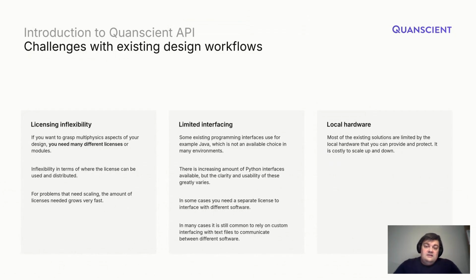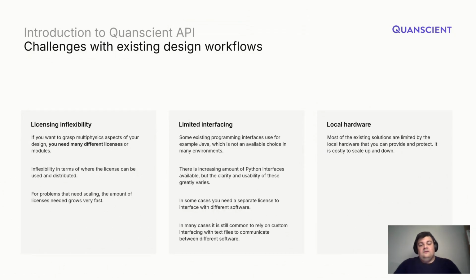And in the existing market products, there is also limited interfacing. There are some APIs which, for example, use Java, which is starting to get a little bit old these days, not a popular choice in the scientific or engineering community anymore. There are also some Python interfaces, but their usability and clarity greatly varies.